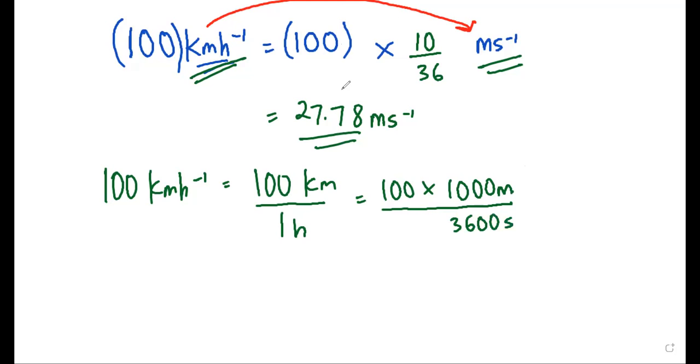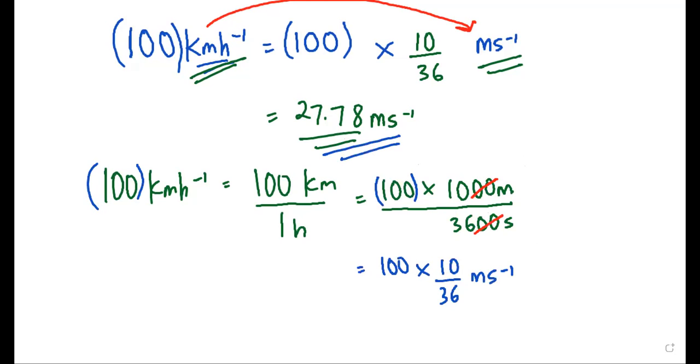So if you see carefully here, right, take away these two zeros. So you will end up getting 100 times 10 over 36. Your answer is now in meter per second. So this is how we solve this part.